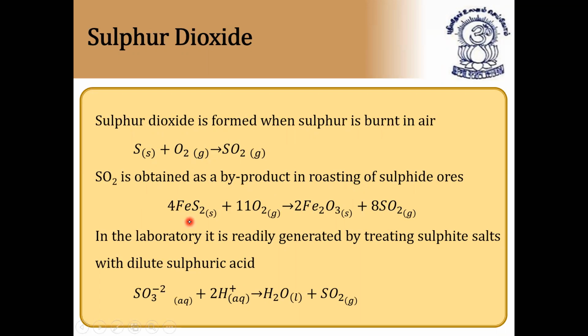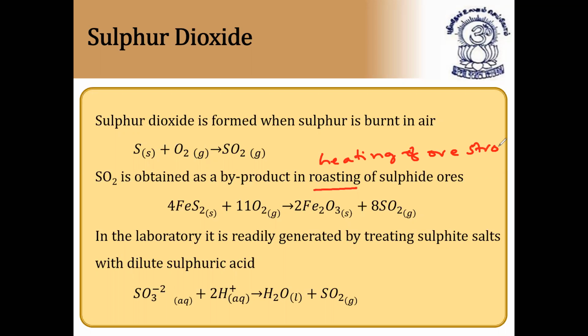So how are these sulfide ores roasted? To convert the given sulfide ore into its oxide, we have to do the roasting process. Roasting is a process in which the ore is heated strongly in the presence of air.